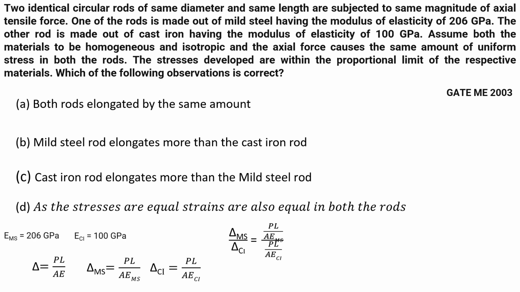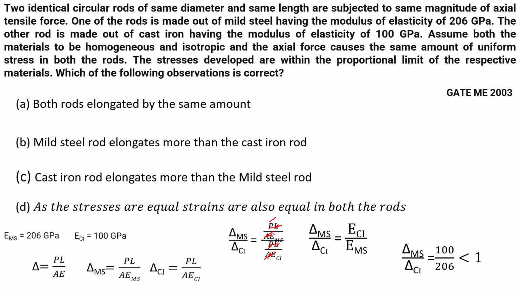So here same amount of the load, so P is the common and same length, so L also same and same diameter, so cross sectional area also same. So here PL divided by A will get cancelled. Then delta Ms divided by delta Ci equal to E Ci divided by E Ms.